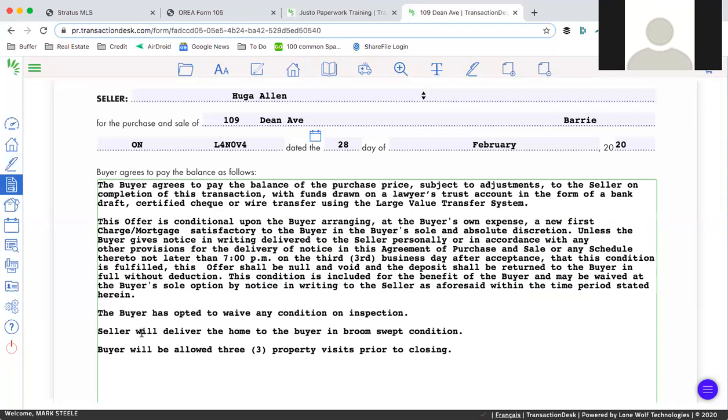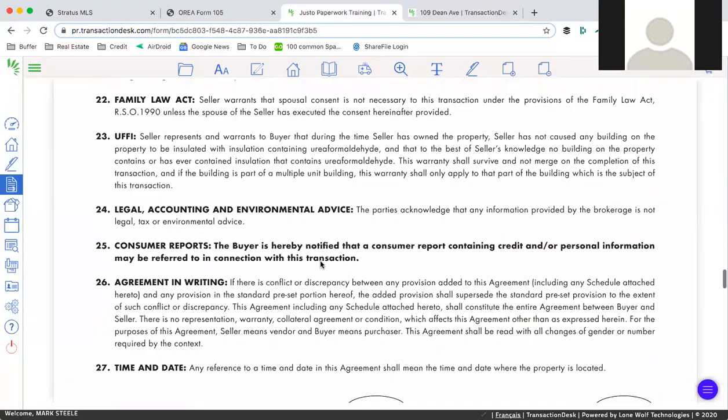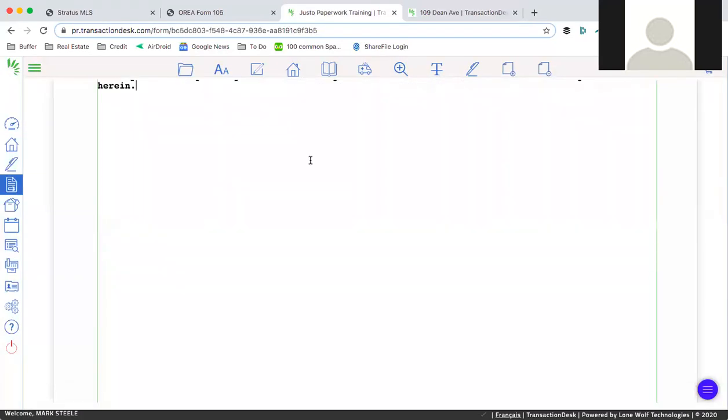And I also put seller will deliver the home to the buyer in broom swept condition, and buyer will be allowed 3 property visits prior to closing. Okay, so again, what I came here for, condition for the mortgage. So I'm going to put that in our mock offer here.